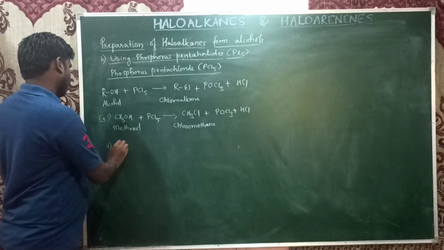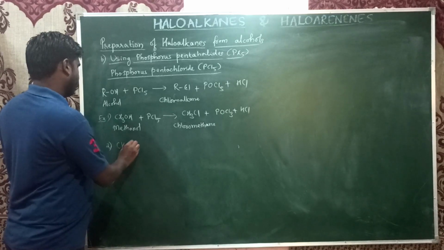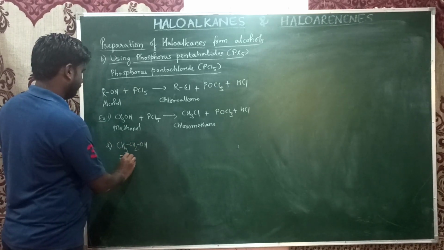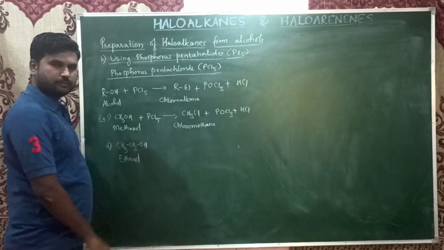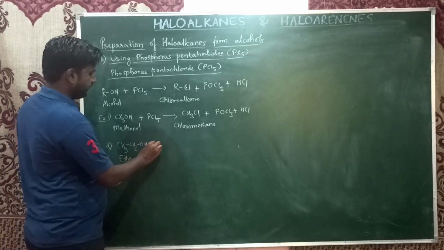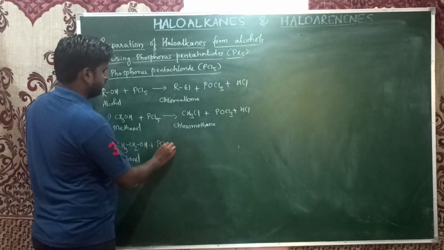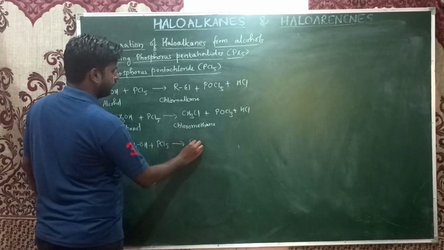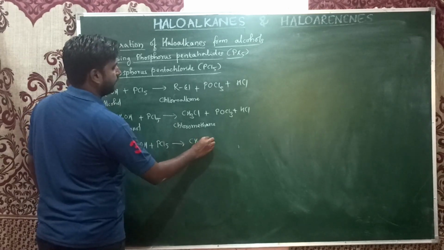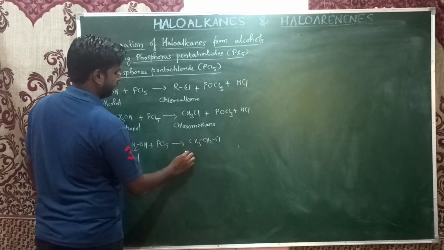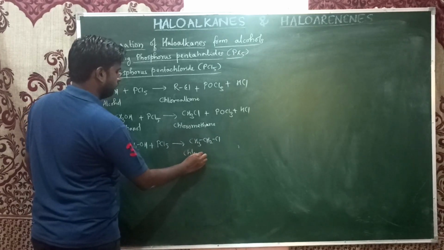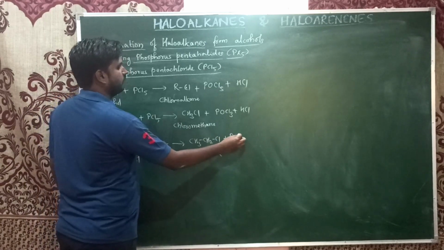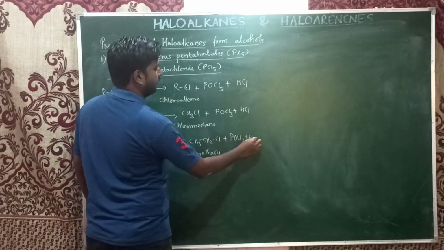You can take any alcohol, CH3CH2OH, that is ethanol. It is going to react with phosphorus pentachloride to give chloroethane or ethyl chloride, with the same phosphorus oxytrichloride and HCl.